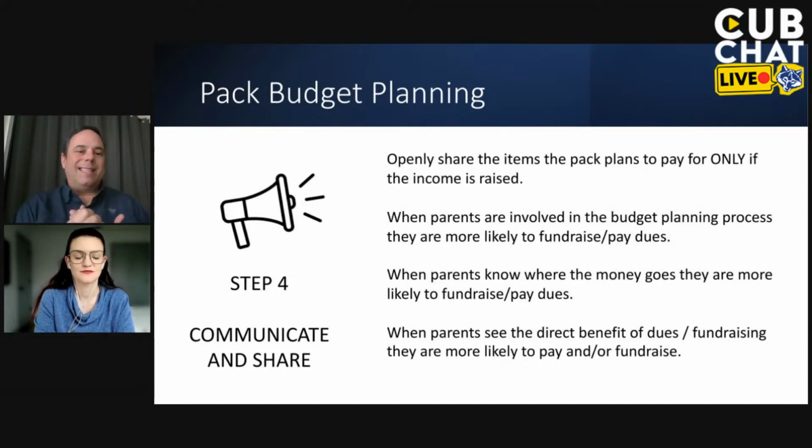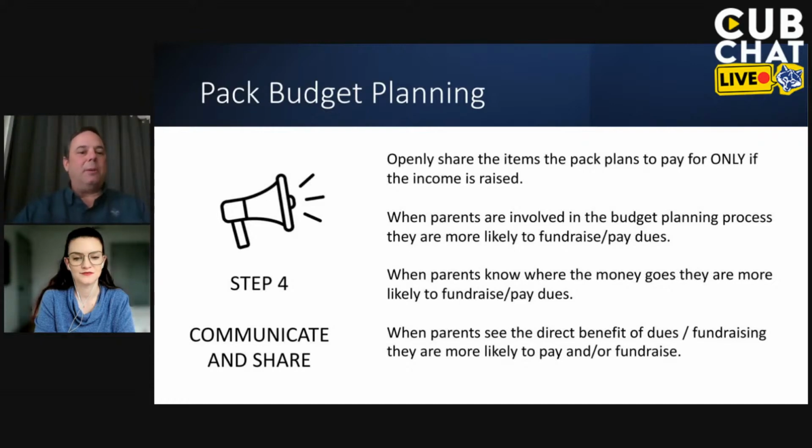So here are some really key elements to remember and why it's so important. Once you have a PAC budget, openly share it and communicate what that budget is. Openly share the items the PAC plans to pay for only if the income is raised, right? So in other words, just because you put it on the budget doesn't mean that that's going to happen.